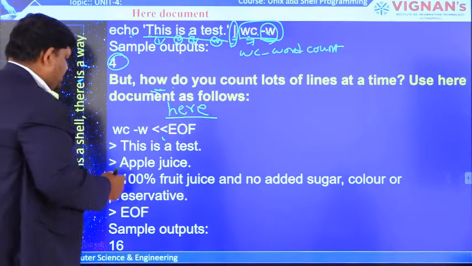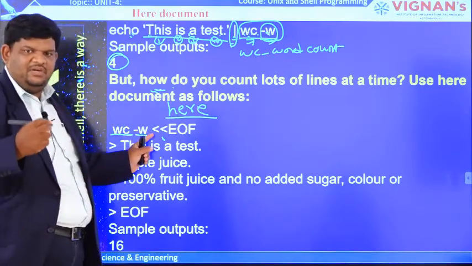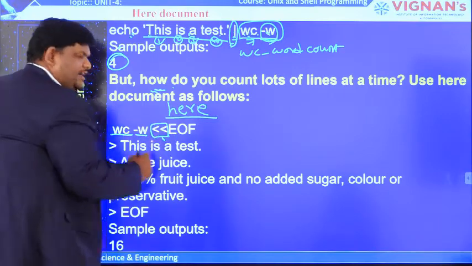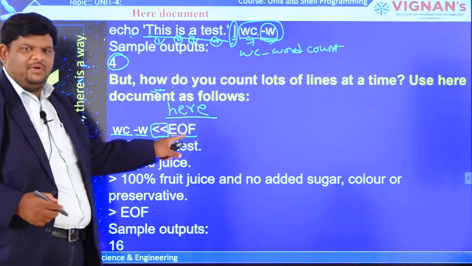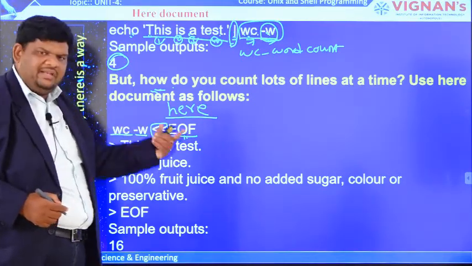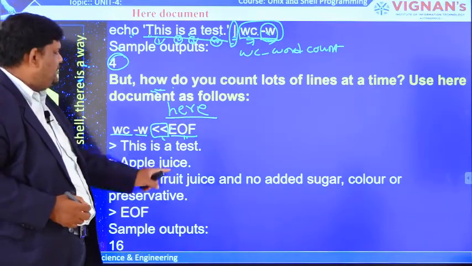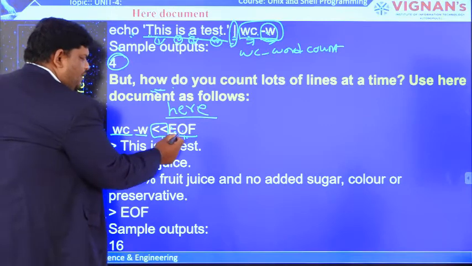So consider this example: wc -w, which we know will count only the number of words. This is known as a here document, and we have to give one delimiter. Whatever the string, no problem. It does not always have to be EOF, for end of file; we can give any sort of string here. Here I am considering capital EOF, end of file. Why do we have to give this EOF?